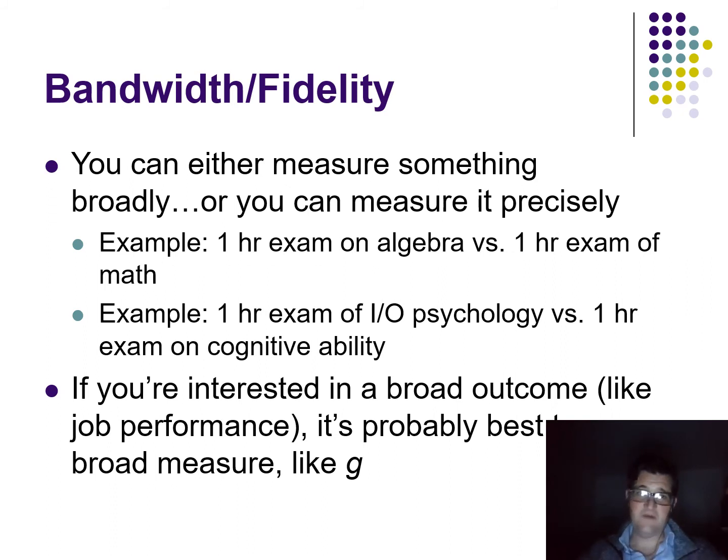And then, in general, and this is a statistical truth, with bandwidth and fidelity, you can either measure something broadly or you can measure it precisely. One example here is a 1 hour exam on algebra versus a 1 hour exam on all of math. You have the same amount of time. They both take 1 hour, but one is narrowly focused on algebra and one is broadly focused on any topic in math.